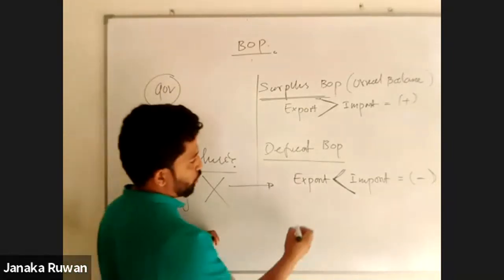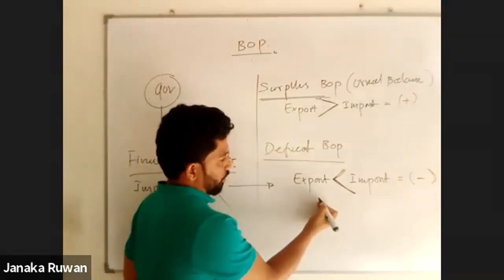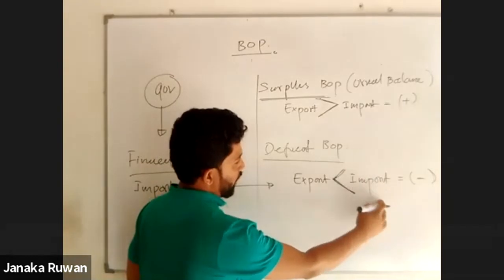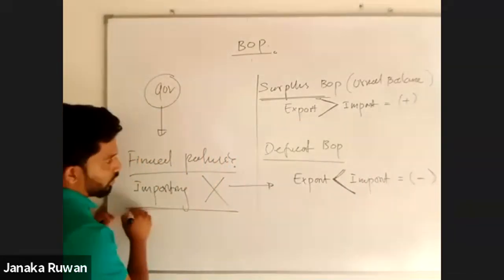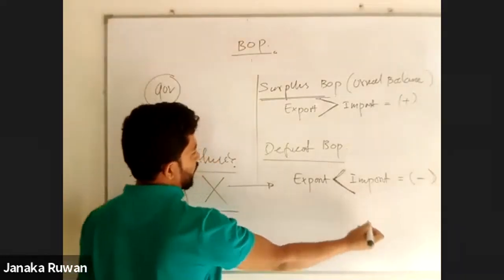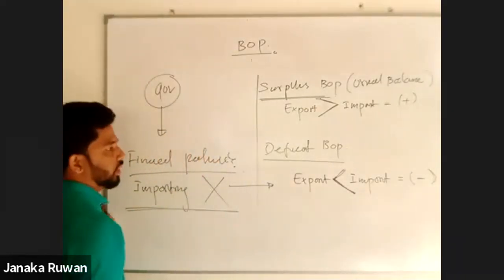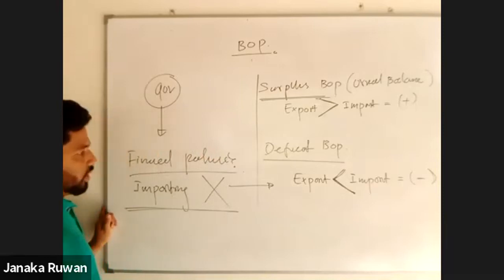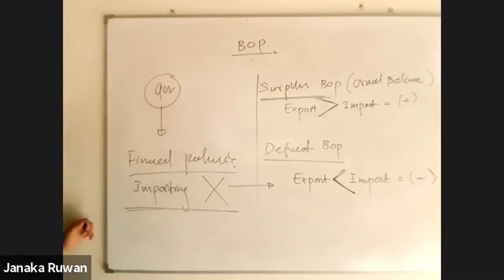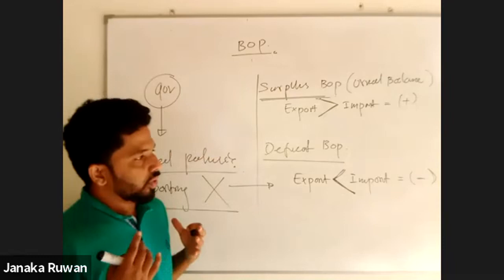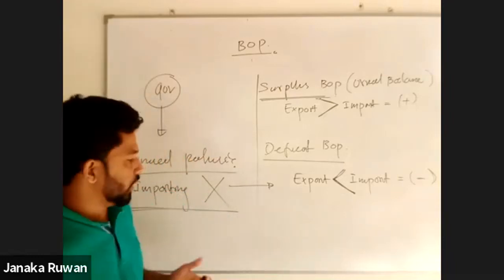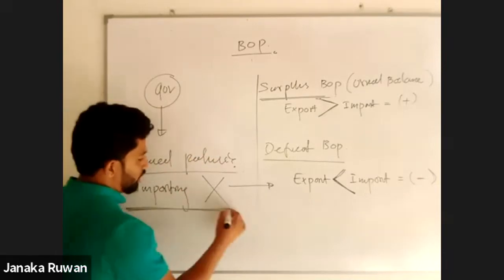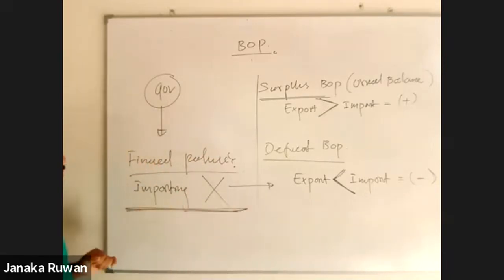That means the export value is smaller compared to the import. If we released that, the import expenditure would be at a high level compared to the export income, so we don't have foreign currencies to pay the import bills. Because of that, we need to cut down that kind of import.